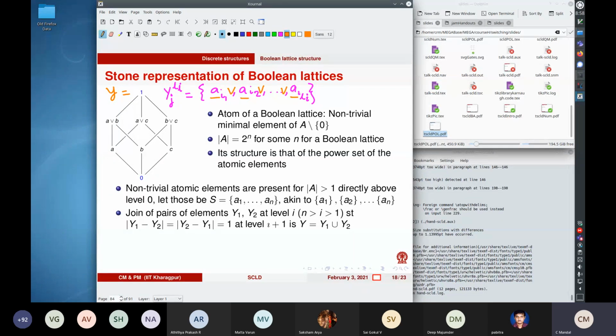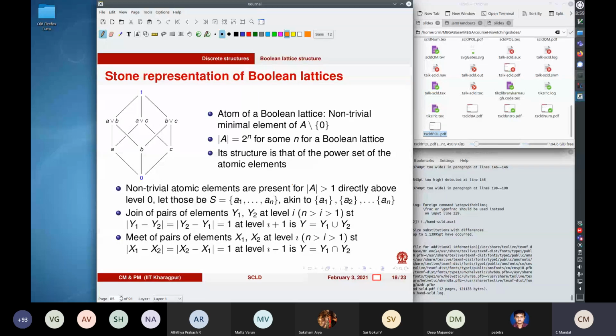So when you say that y is the union, we just take the union of this set of atoms, and this is the new element which is formed at the next level. So this is how it goes on. If you think in terms of constructing elements or representing elements as the irredundant sum of the atoms, that is how you can build the Boolean lattice.